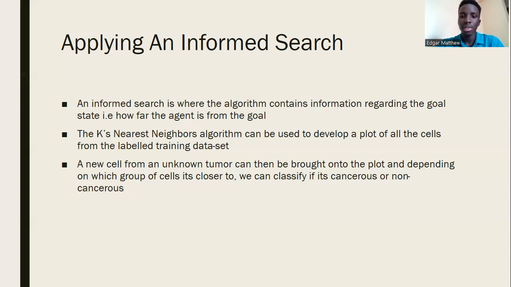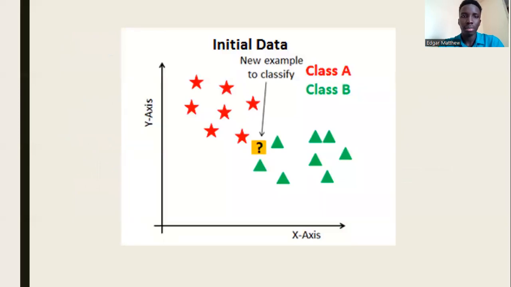And in k-nearest neighbors, we develop a plot. The plot looks like this, and we'll classify between, say, cancerous cells and non-cancerous cells, so that when you bring in a new cell in question, you calculate the distance to the nearest group.